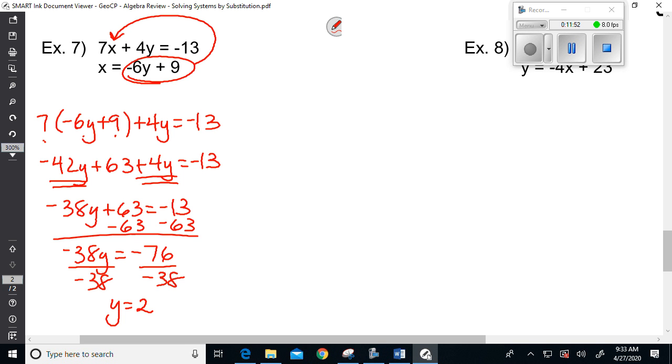Now notice you have two equations to use. You can pick whichever one you want. It shouldn't matter. You'll get the right answer anyway. So I'm going to take y equals 2 and plug it into the x equals equation. That gives you x equals negative 6 times 2 plus 9.